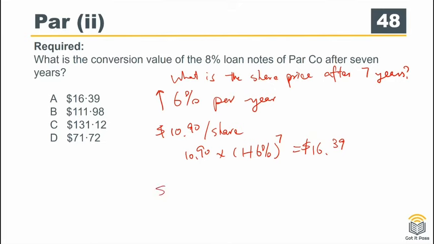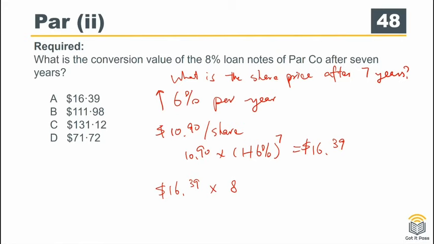So the total value will be $16.39 times 8.